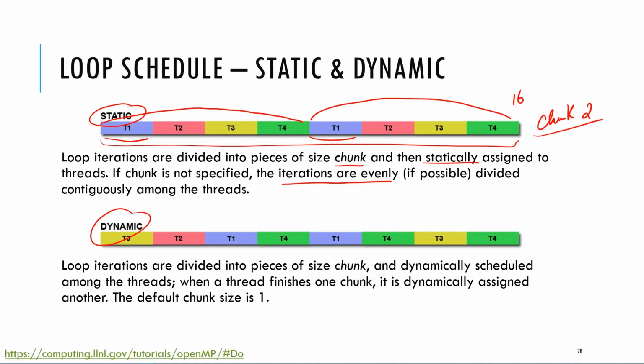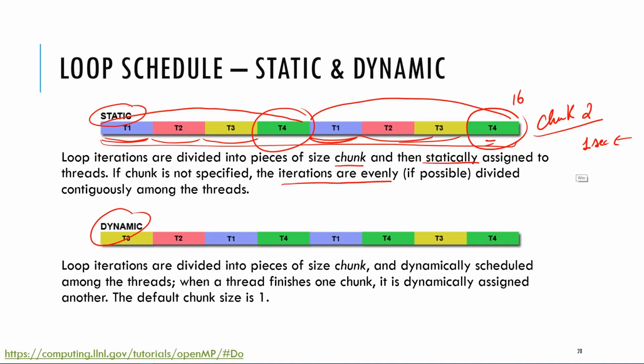So even if, for example, T1 finishes this chunk and that chunk after 1 second, and let's say the same happens for T2 and T3, all of them finish after 1 second, but suppose that T4 is still struggling with this chunk up to second number 2. Unfortunately, we have to wait until it finishes, and then it would also take 2 additional seconds to handle this chunk here.